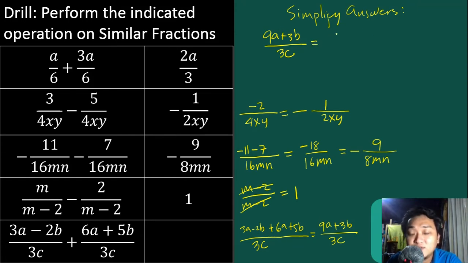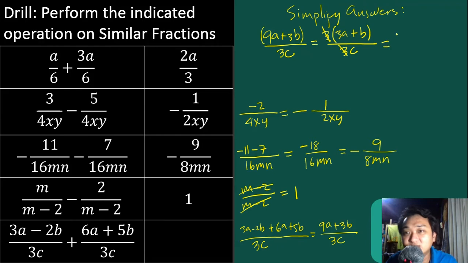Actually, we could use the factoring technique, which is the greatest common monomial factor. Ano kaya yung common factor nito? That is 3. Ano matitira sa loob? 3a plus b over 3c. Imagine, may makakancel pa tayong 3. So the final answer is 3a plus b over c.